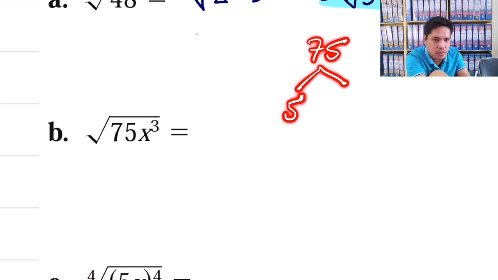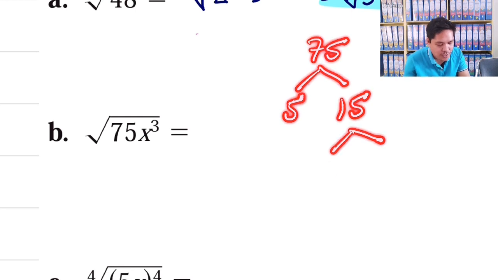Move the decimal place, that's 15. So 15 times 5 is 75. Correct? 15, 30, 60, 75. And 15 is 5 times 3.